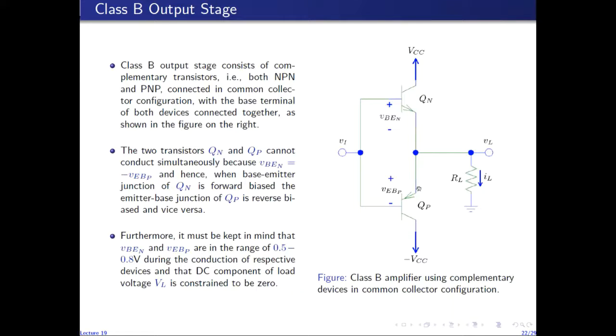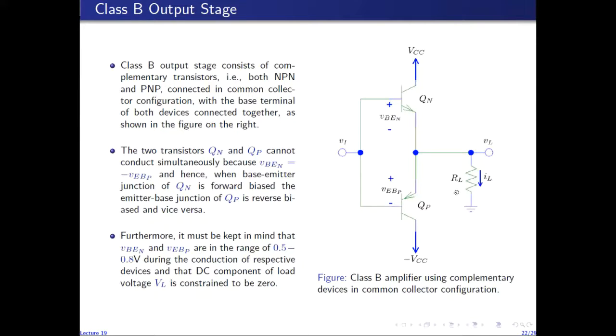Similarly, to forward bias the emitter base junction of QP, the emitter base voltage must be at least 0.5 volts or so. So QN and QP will not conduct until their respective base emitter junctions are forward biased by voltages of around 0.5 to 0.8 volts.